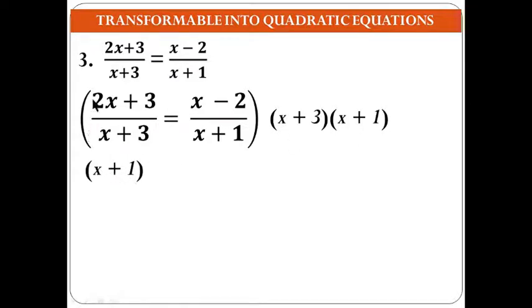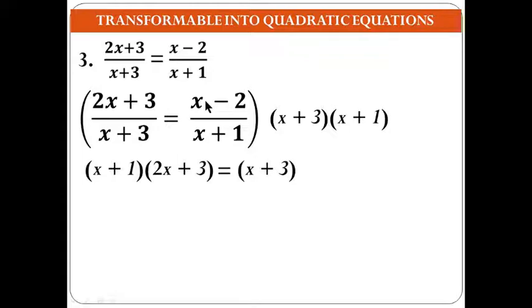Multiply mo siya sa ating numerator which is 2x plus 3 equals, so x plus 3 times x plus 1 divided by x plus 1. So, magkaparehas x plus 1 and x plus 1. So, cancelled out. Ang maiwan ay si x plus 3. Then, multiplied it to x minus 2.